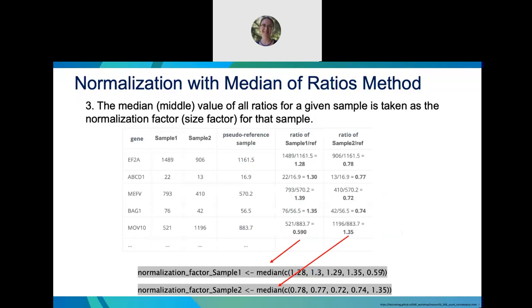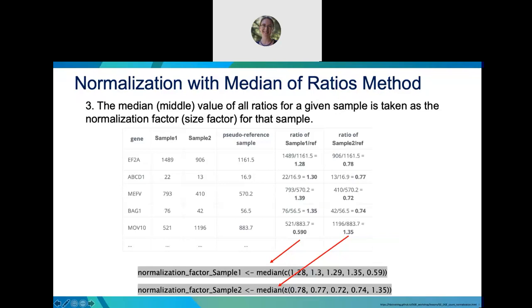We then take the median value of all the ratios for a given sample, and that's taken as the normalization factor or the size factor for that sample. So the median is now taken down the column. So for example, if we're just looking at the first 5 genes here, the normalization factor for sample 1 will be the median of these 5 values, and the normalization factor for sample 2 will be the median of these 5 values.